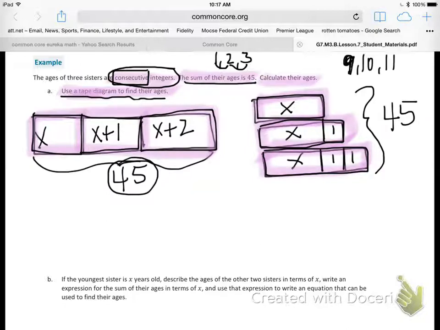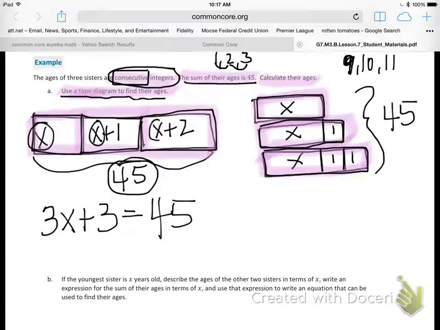Both of these, if you'll notice, give 3x plus 3 equals 45. We can look at where those came from. Here are our 3 x's, 1, 2, 3, in this diagram. Here are our 3 ones, 1, 2, 3.